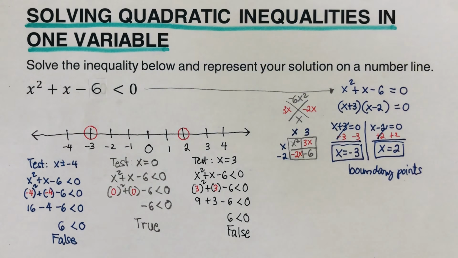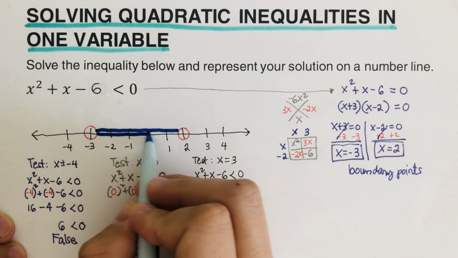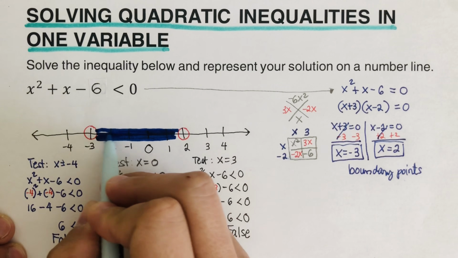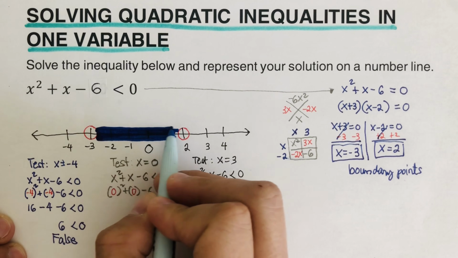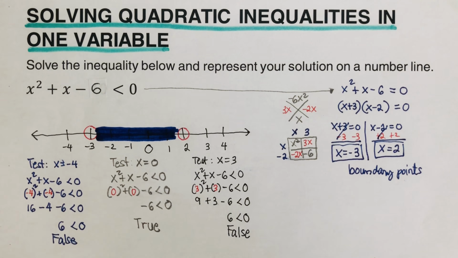So that means the side that is the true side is the solution. So that means this side right here in the middle, anything that is in between this circle right here, in between -3 and 2 are the solution to this inequality.